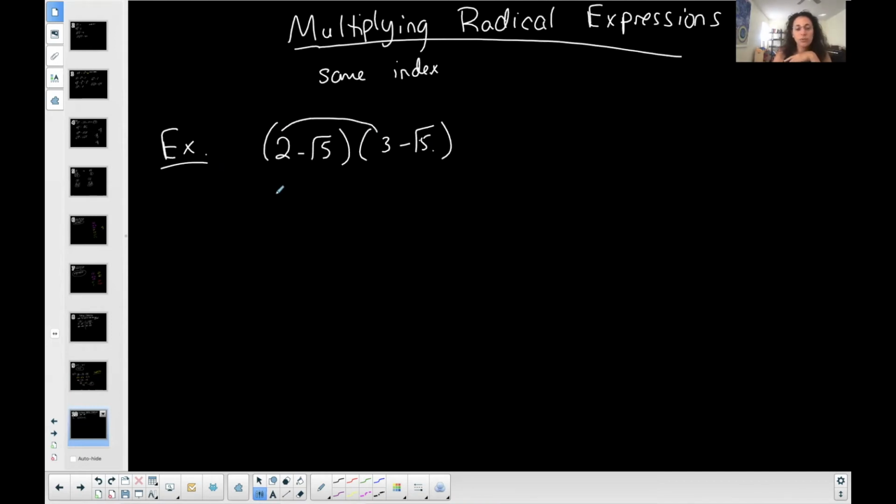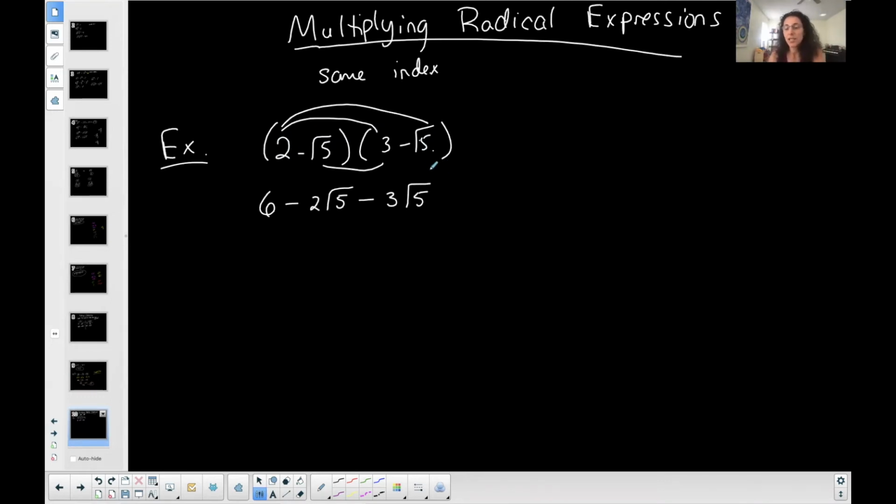Multiply the first two terms. Outer: 2 times negative square root of 5 is minus 2 times the square root of 5. Inner: negative square root of 5 times 3 is negative 3 times the square root of 5. And last: now you see how when I multiplied 2 times the square root of 5, I didn't multiply the 2 and the 5.